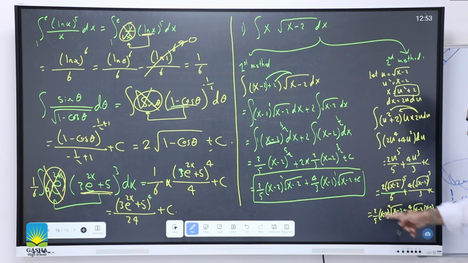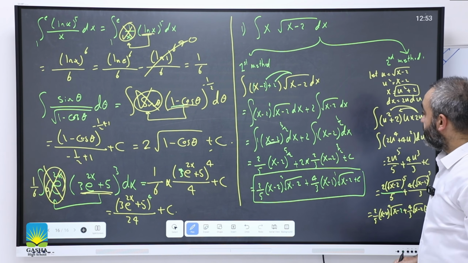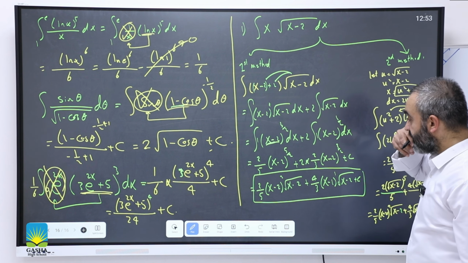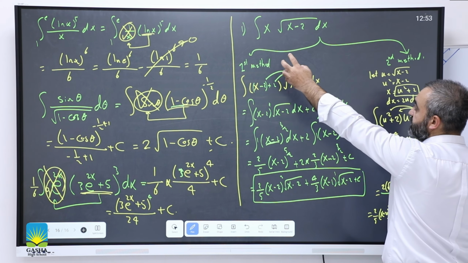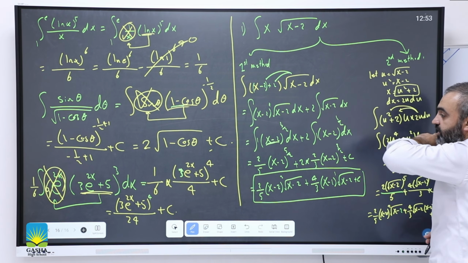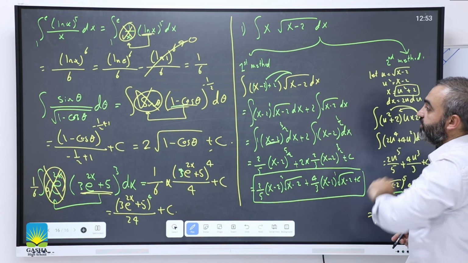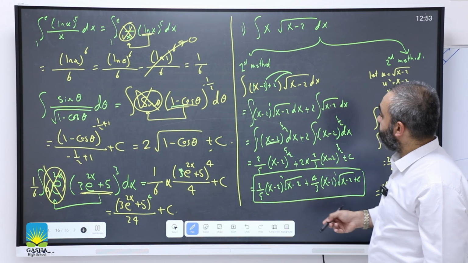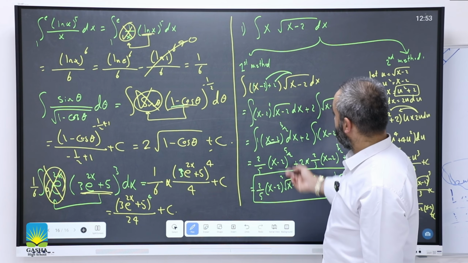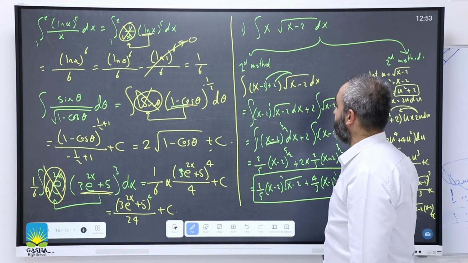So the result is the same. This is the method of substitution from the x variable into the u variable, and we have the application on the integration.